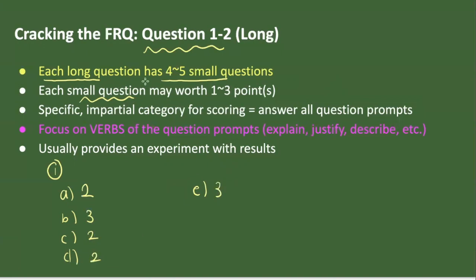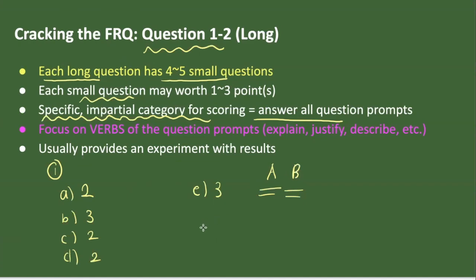I don't know. It changes year by year. And there's a specific and impartial category for scoring, which means that you need to answer all the question prompts. So let's say if the questions ask you A and B, you do have to answer both prompts.